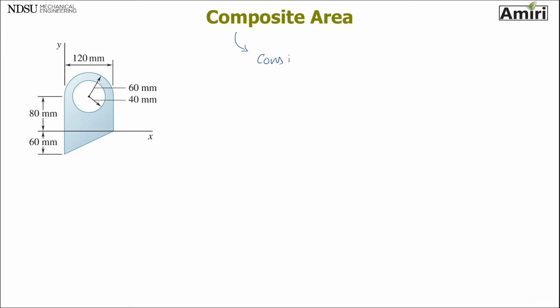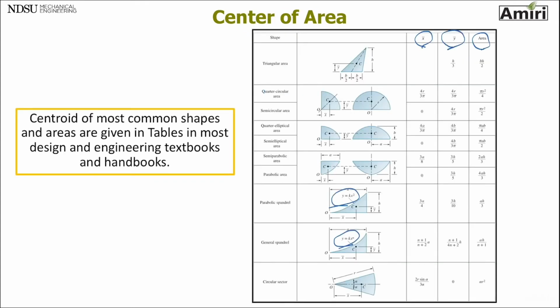something that consists of a series of connected, let's call it simpler shaped areas. Simpler means something that we probably already know the centroid of, or we can find it in one of these tables.